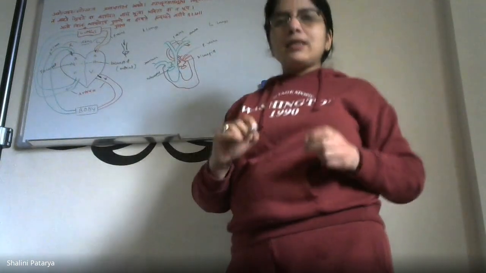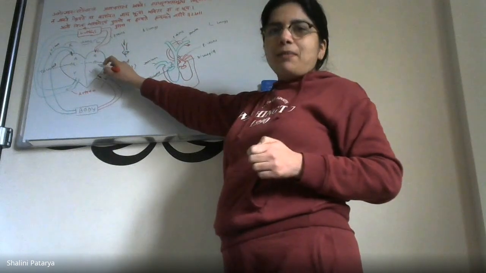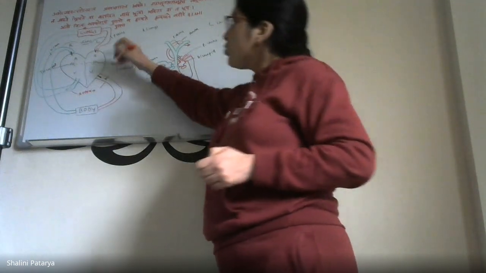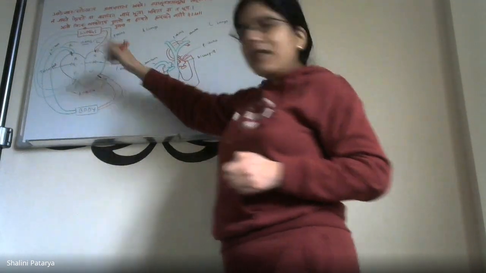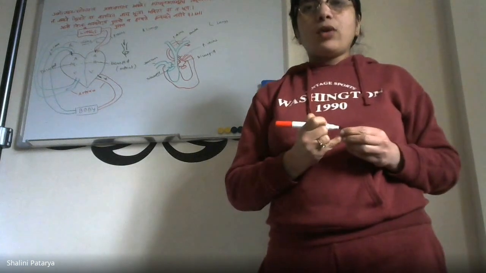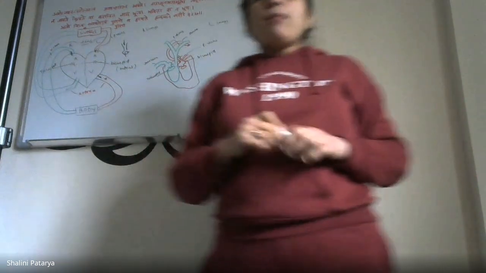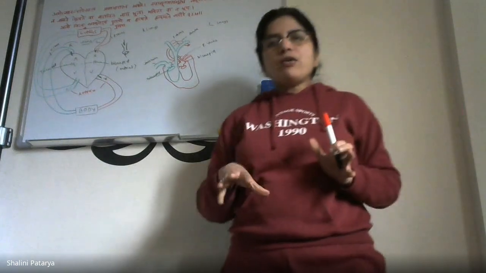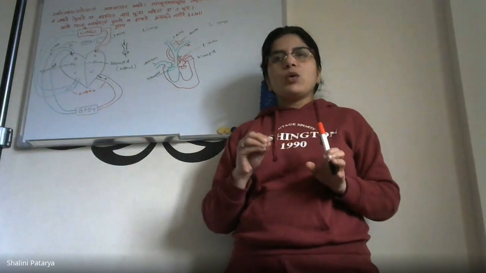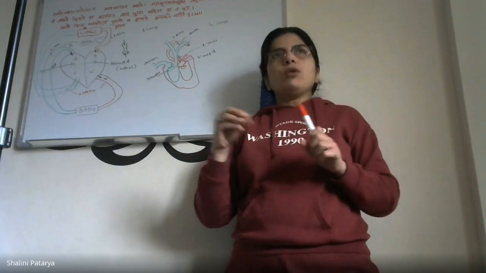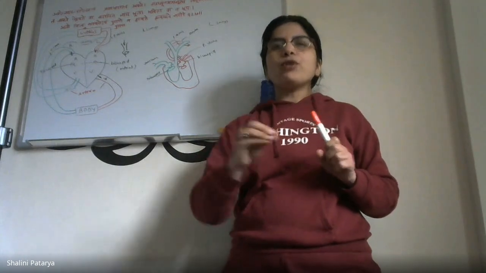Now understand this thing. This one is oxygenated blood. Okay, so because this is oxygenated blood, it has to go to the body. Now, in every part of the body, in different places, we require different portions of the blood.